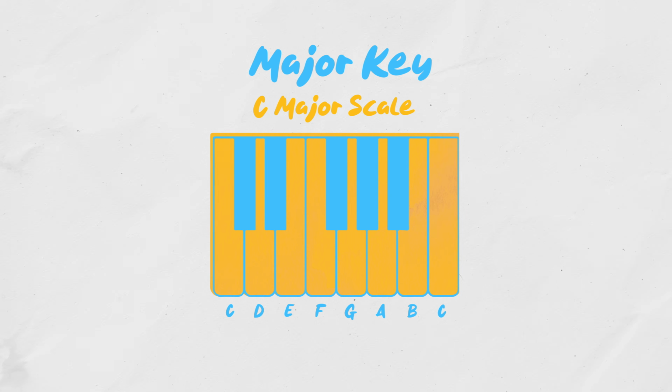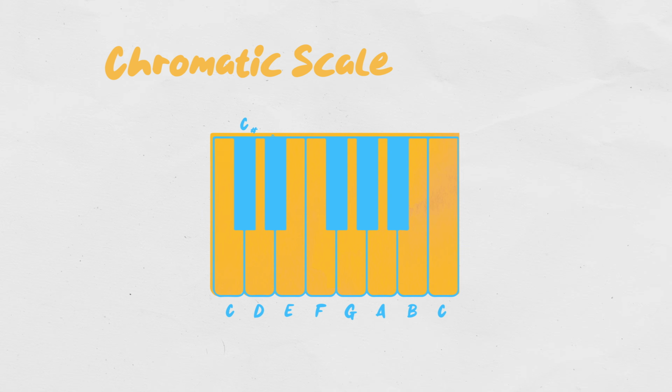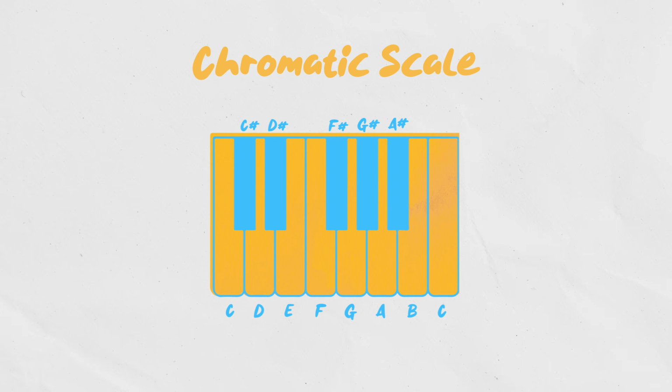Now, let's compare this by listening to the chromatic scale, which includes all 12 notes. Can you hear how the chromatic scale sounds more dissonant and somewhat flat compared to the C major scale?